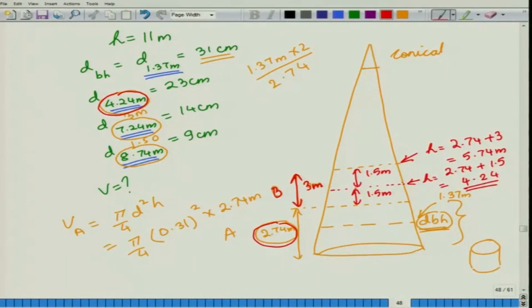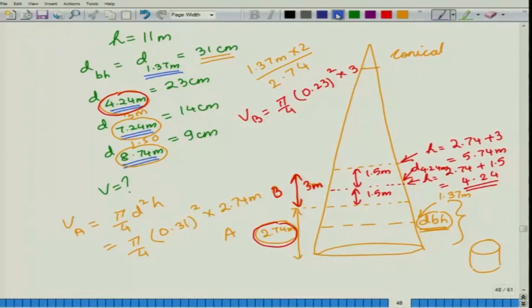So, we know the diameter at this point. We know the central diameter, we know the length of the log. So, we can now calculate the volume of section B as pi by 4, here your d would be 0.23 meters square into height, which is 3 meters.